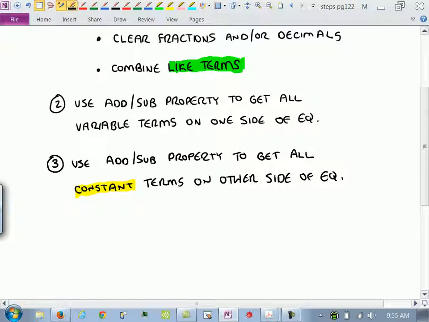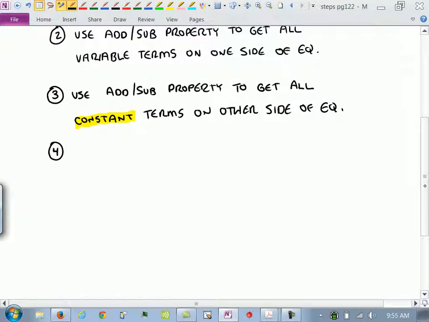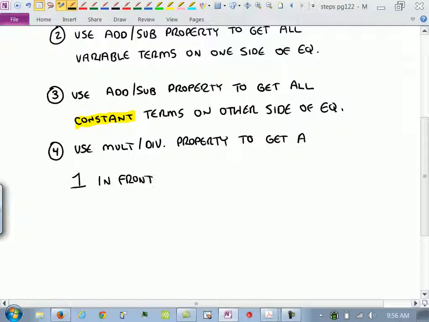Fourth step, use the multiplication and division property to get a 1 in front of the variable term.